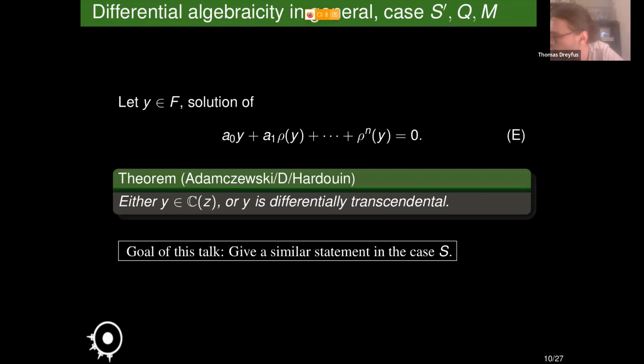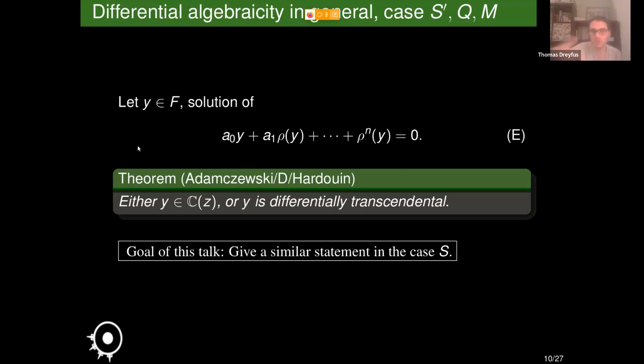And this was the purpose of this paper with Boris Adamczewski and Charlotte Ardouin. And we were able to delete everything, so without assumption: either Y belongs to the ground field, or Y is differentially transcendental. I must insist on the fact that the assumption that Y belongs to a certain field F is extremely important.